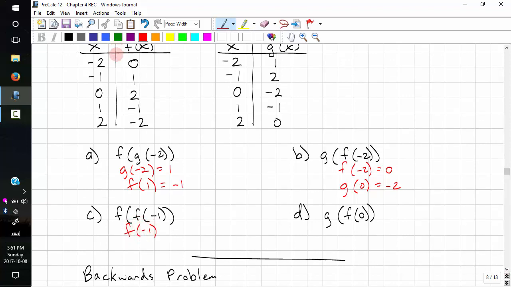We use this table, negative 1 has an output of 1. Now we do f of 1. And f of 1 is negative 1. And one more example, f of 0, that is 2. g of 2 is 0.